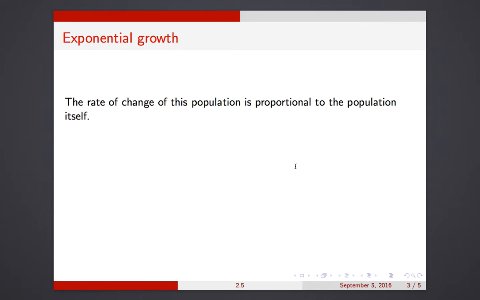So just real quick, what does exponential growth look like? Exponential growth occurs when the rate of change of the given population is proportional to the population itself. The way you would translate that into an equation is the rate of change, dy/dt, is proportional to the population.